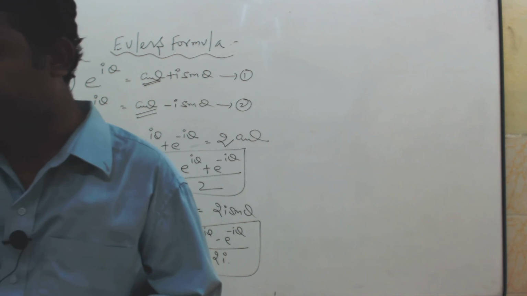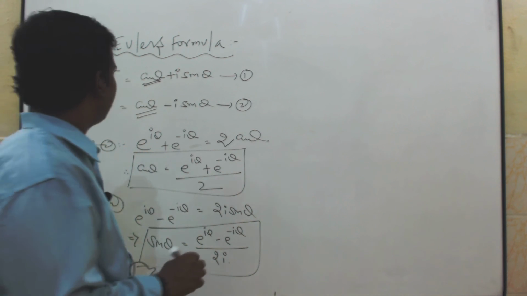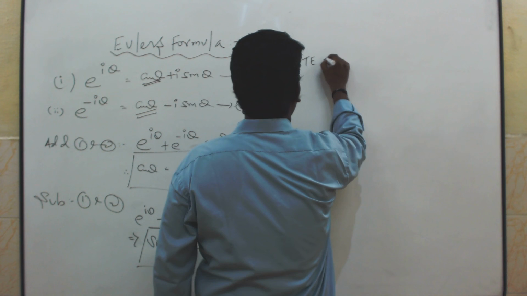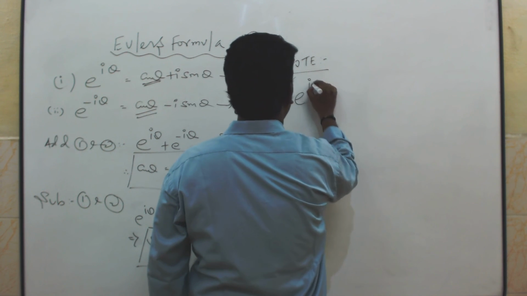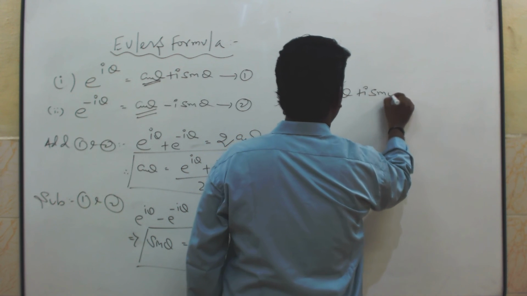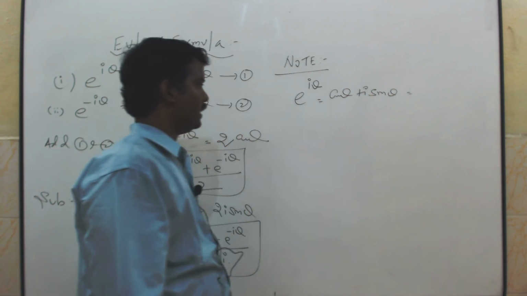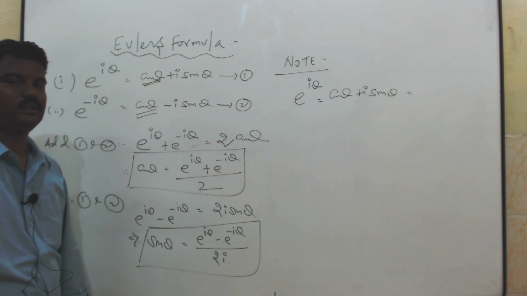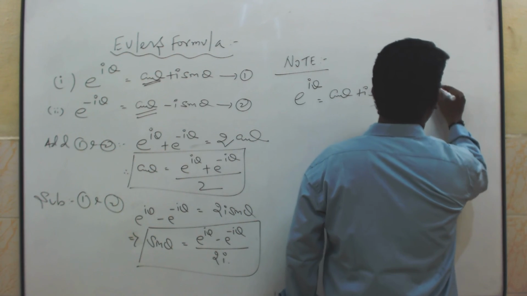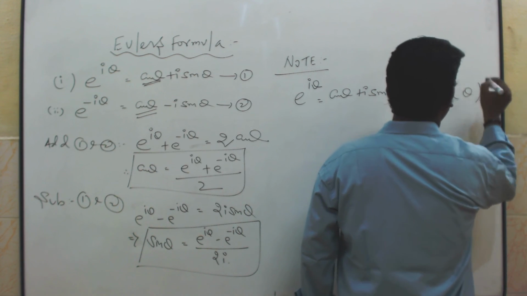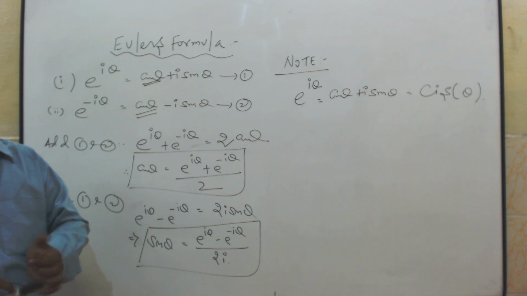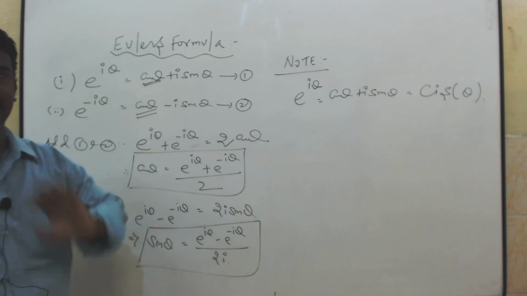Similarly, this e power i theta note, write down this note, e power i theta can be written as cos theta plus i sin theta. Cos theta plus i sin theta, in short how can we write? We can write like this also, cis theta. Cis theta means that is the abbreviated form of cos theta plus i sin theta.